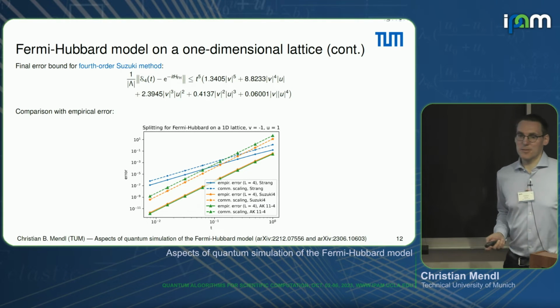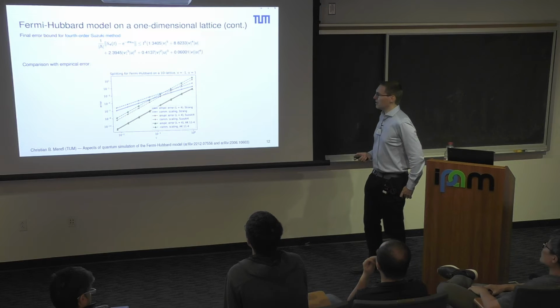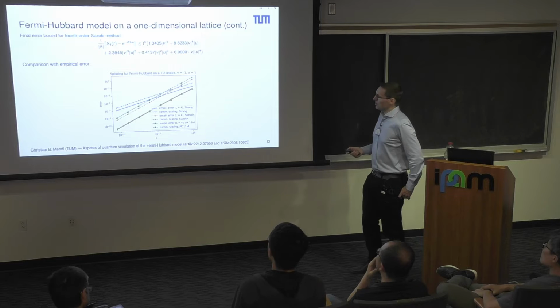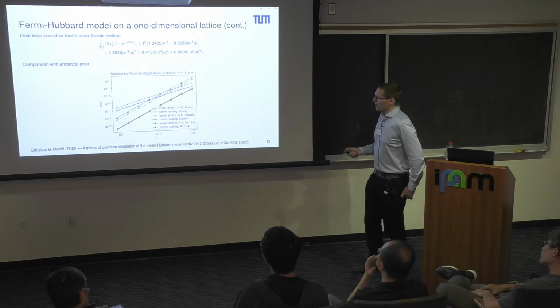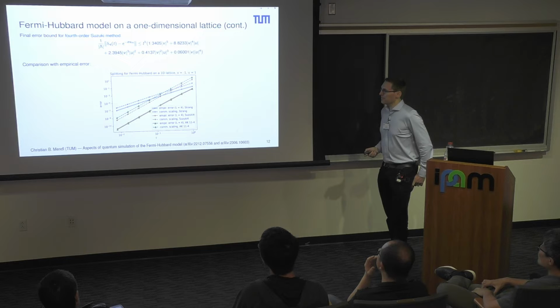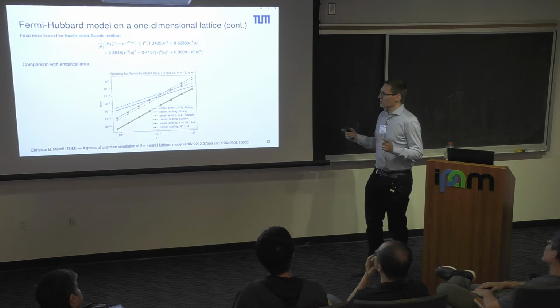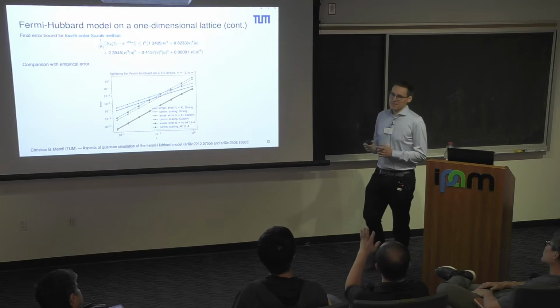I don't have a good explanation why this came out like this. Maybe also interesting is that the bound is a bit sharper for the second order methods, the blue curve, compared to the fourth order methods, which I guess is due to the fact that you have more of these nested commutators.